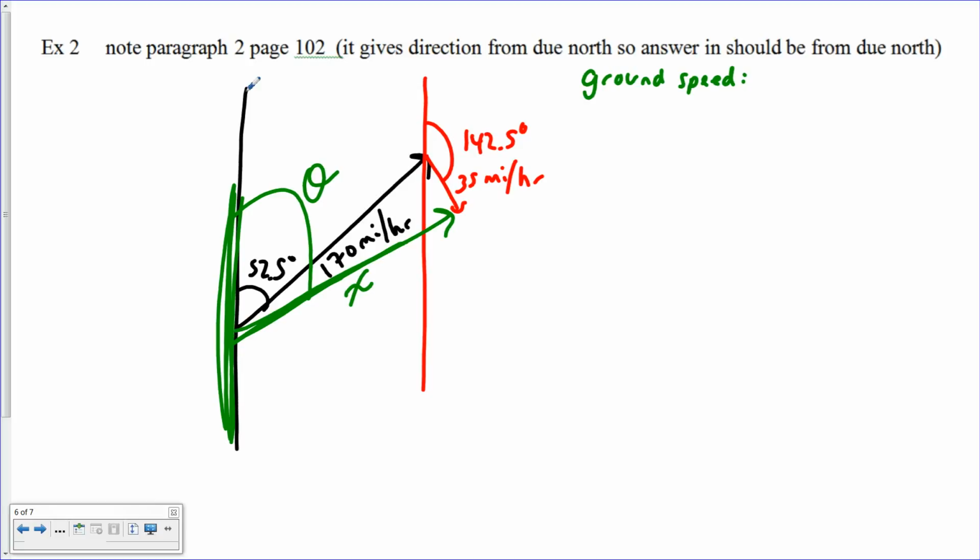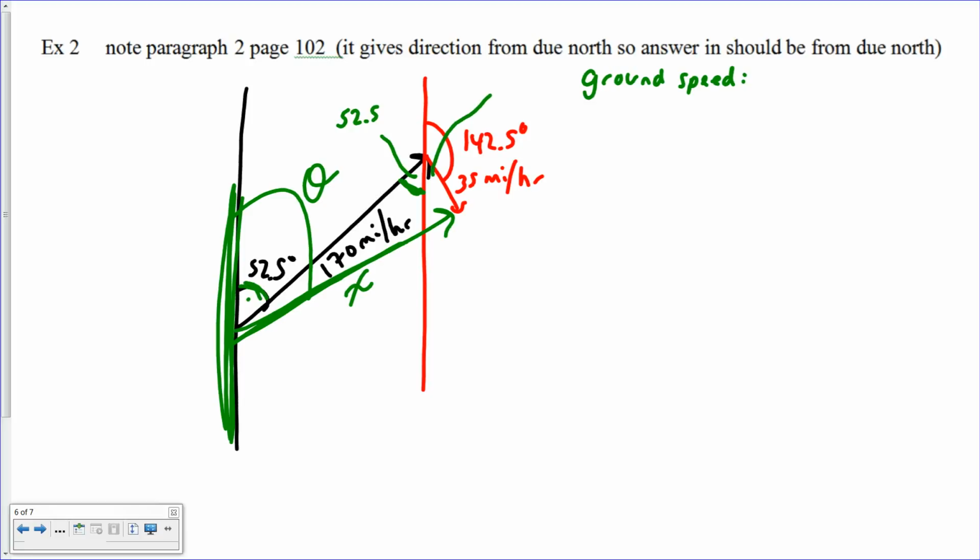The answer is you have to think about alternate interior angles. So I know that that angle right there is going to be 52.5 degrees because it's the same angle here as it is here. Alternate interiors, first of all. Second, I need to understand what this angle is right in here because they're supplementary to 142.5.